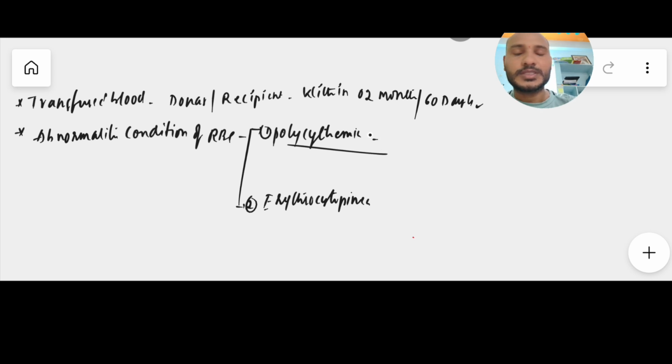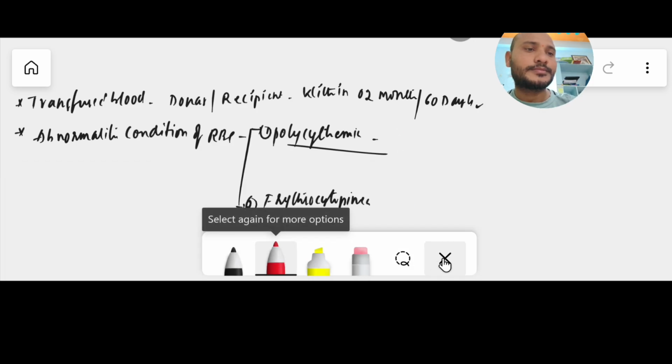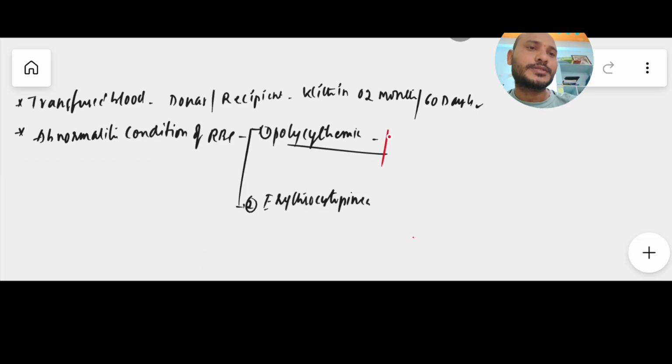Polycythemia means an increased number of RBC, that is more than 10 millions.